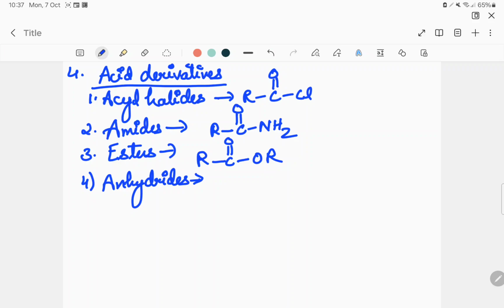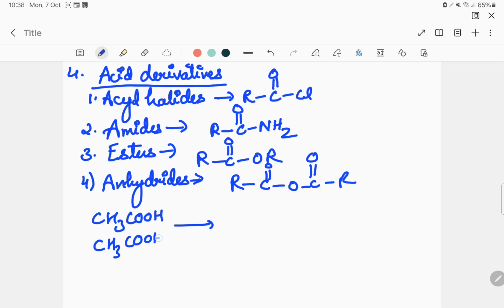This has the general formula R C double bond O, O, C double bond O R. As an example, we are taking acetic acid. We are taking two molecules. So one molecule of water is lost. The anhydride which is formed here is known as acetic anhydride.